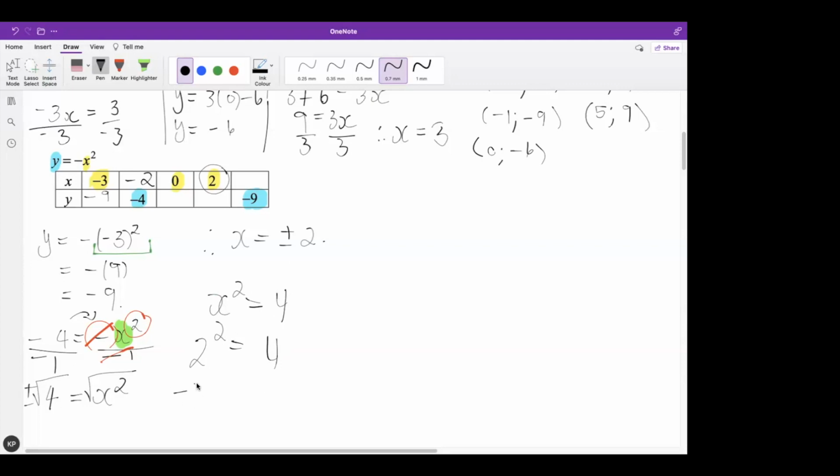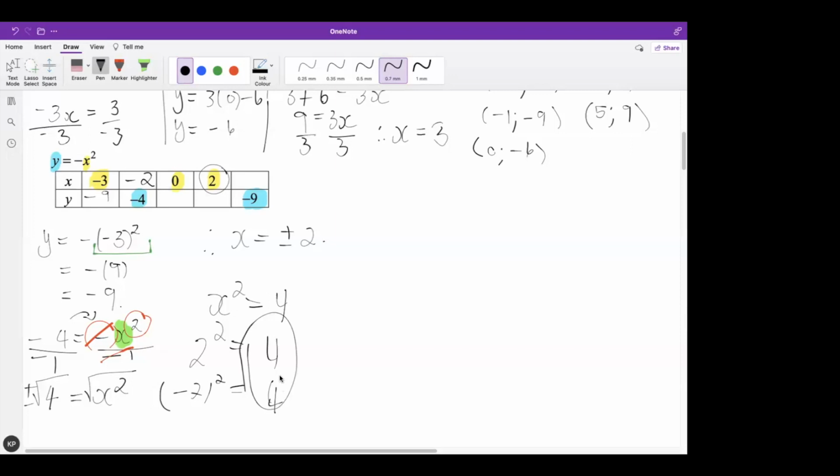But how much is -2 squared, guys? Tell me how much -2 squared is. Negative 2 squared means negative 2 times negative 2. Mikhail, negative 2. So there we go. Do you see why there are two possible solutions? They will both give you 4.